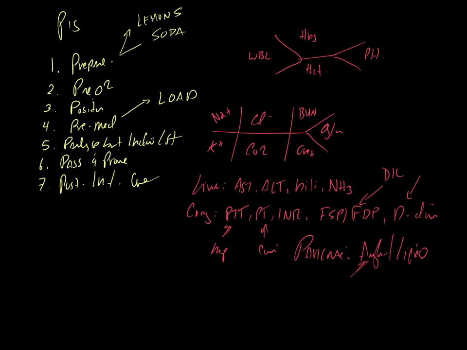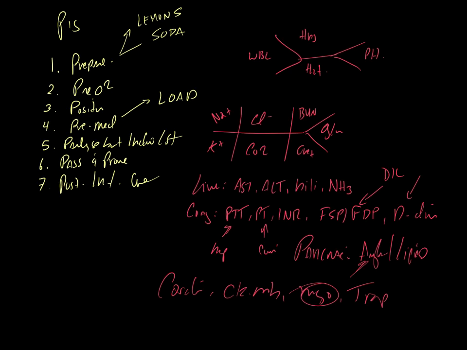Cardiac enzymes. So CKMB, myoglobin, and the troponin. Elevated myoglobin due to muscle injury is known as rhabdomyolysis. Good. All right.